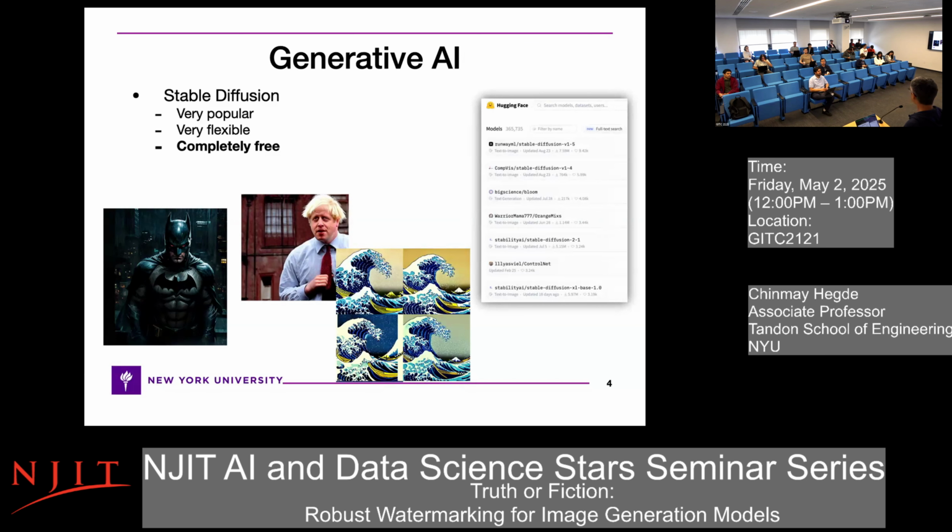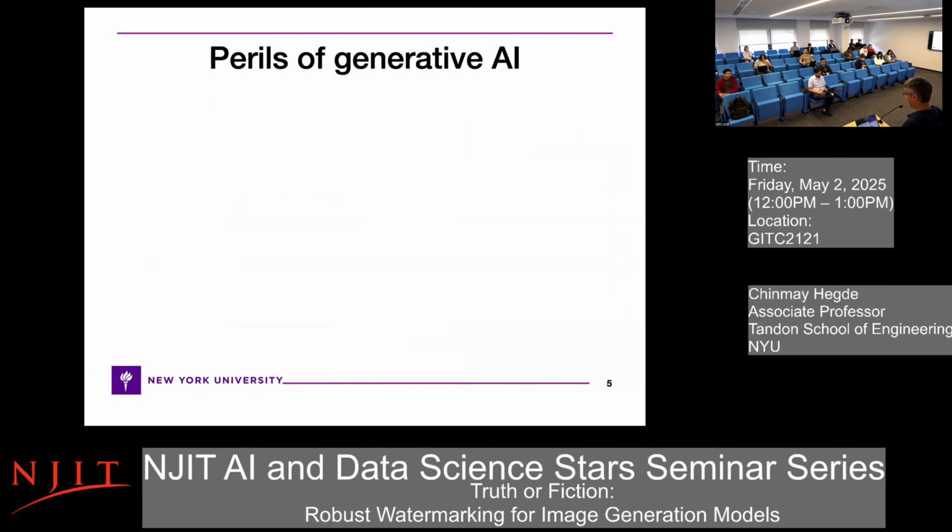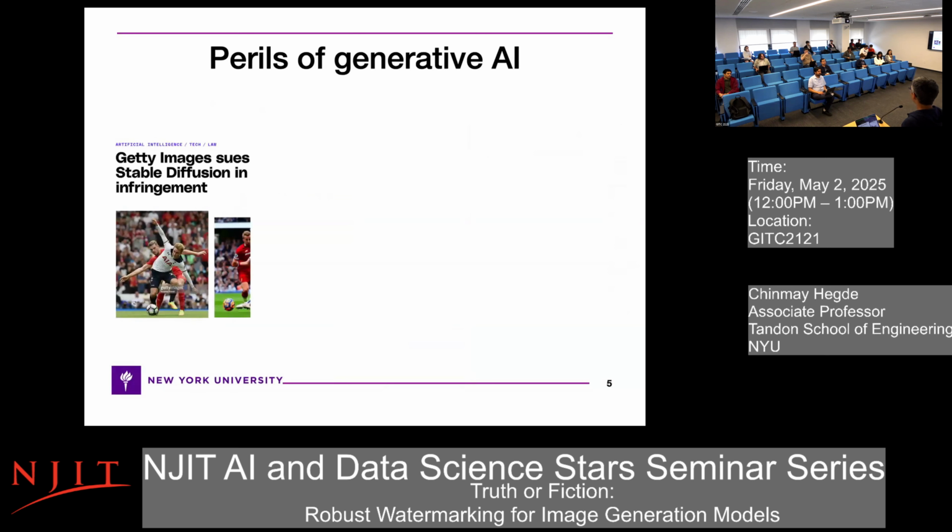It's a joy to live in, but of course there are perils. Many perils, in fact, such as, for example, copyright. Most of these models have been trained on the public internet, with no regard to IP protections or copyright. And of course, very soon after these models came out, they started being sued by the owners of the IP.